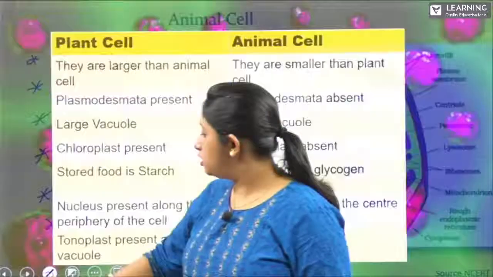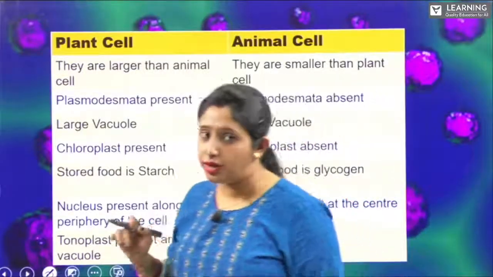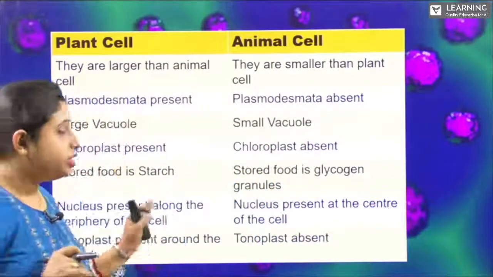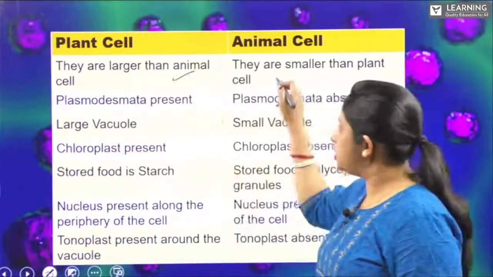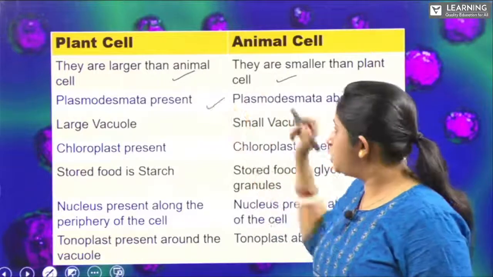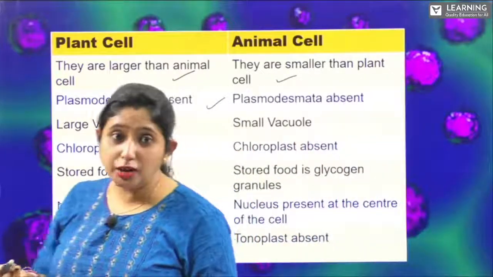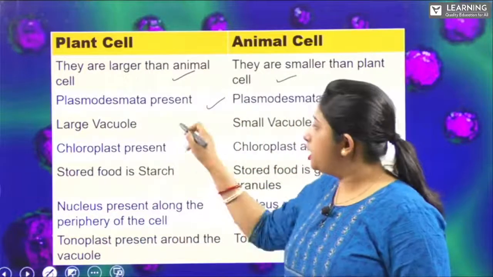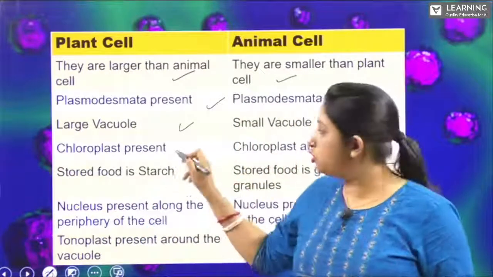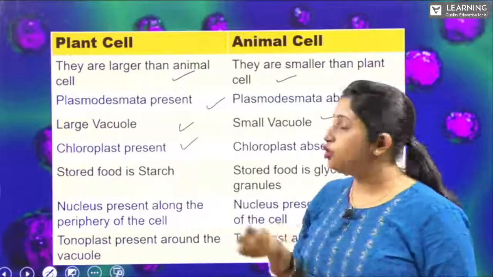So you can note down the plant cell and animal cell differences given here clearly: larger, smaller; plasmodesmata present, plasmodesmata absent; large vacuole, small vacuole; chloroplast present, chloroplast absent.